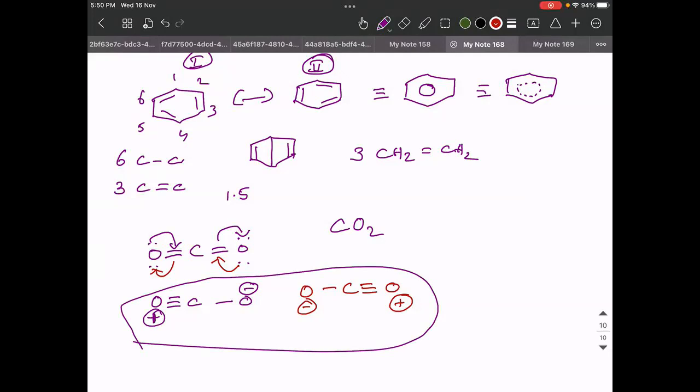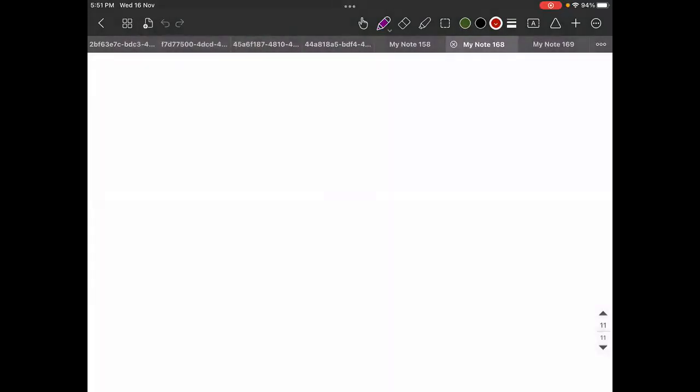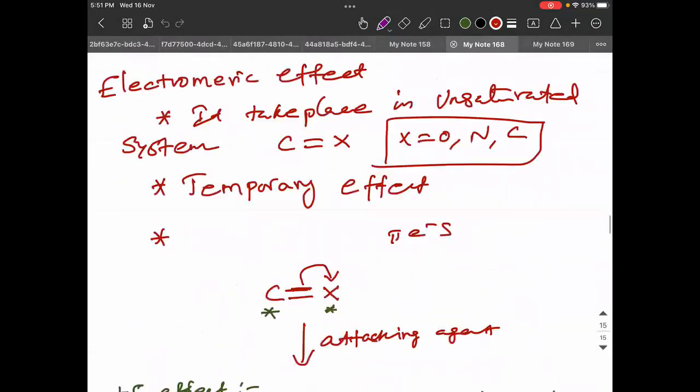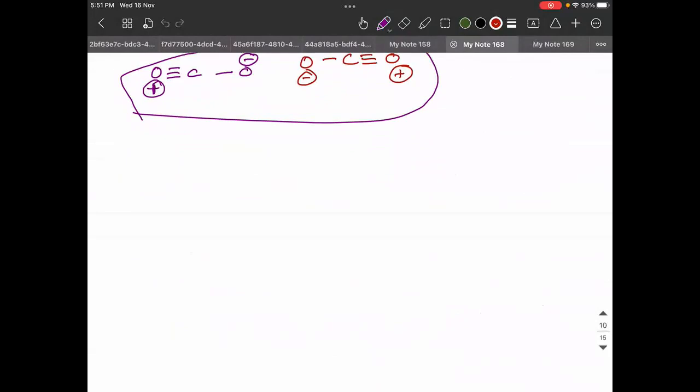So what are the conditions for the resonance structure? Condition 1: the position of atoms is fixed.